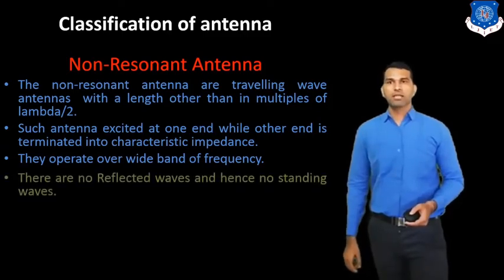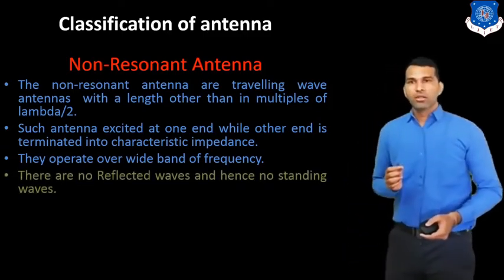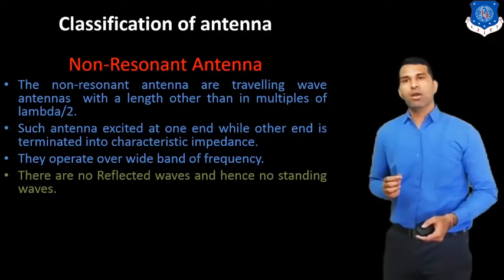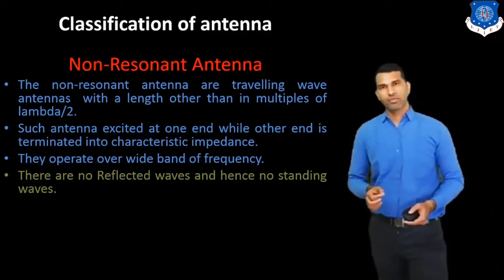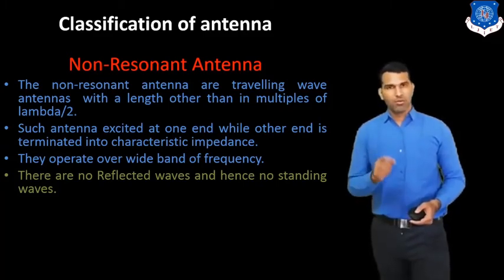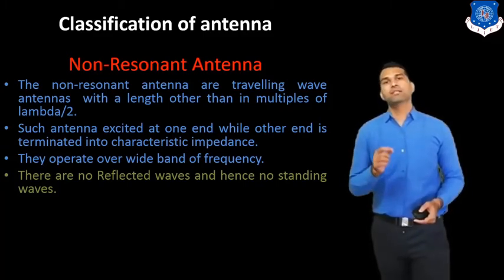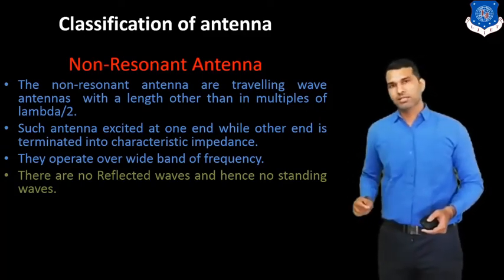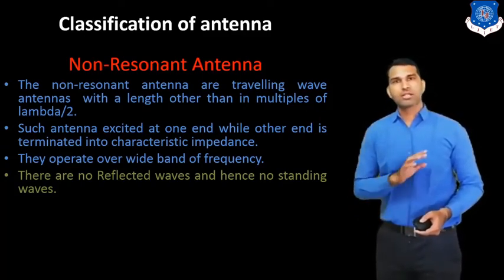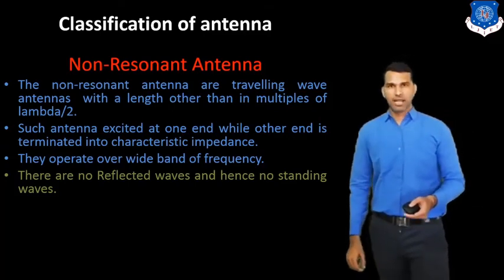Now next, there are no reflected waves and hence no standing wave in this antenna. In the resonant antenna, we know reflected and standing waves are present, but here there is no reflection, so there is no standing wave in this antenna.